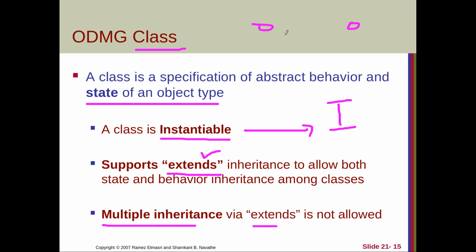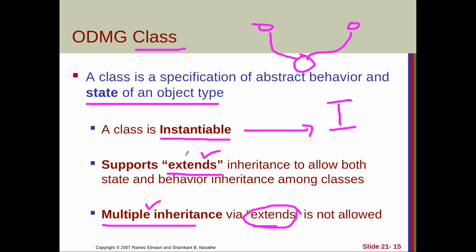This is one class, this is another class, and from two classes we are creating a new class. This is called multiple inheritance, but this is normally not possible with our normal extends inheritance. In Java also it is not supported directly, and in the ODMG model also, while creating a new class from an already existing class, we cannot normally provide multiple inheritance.